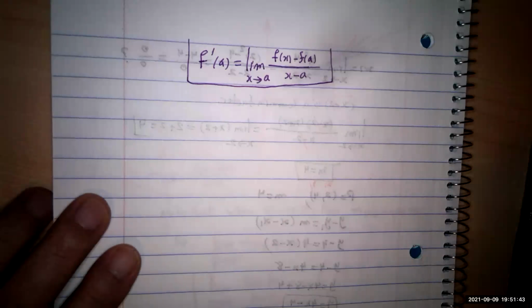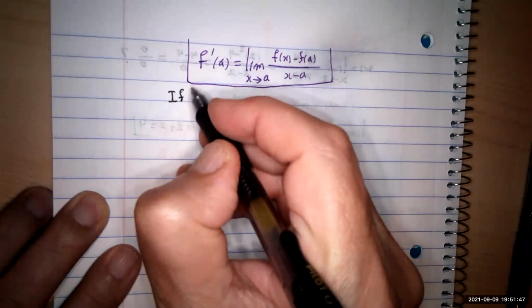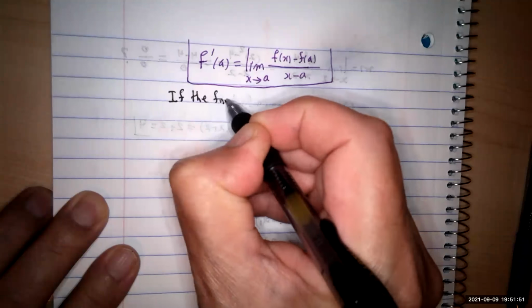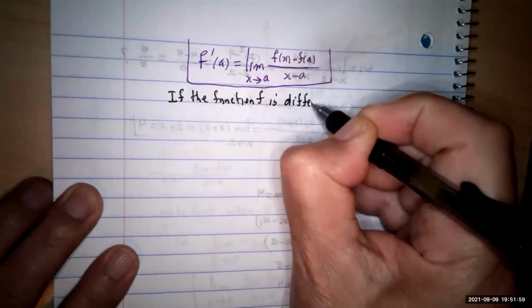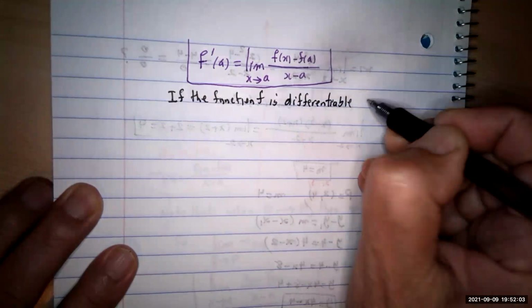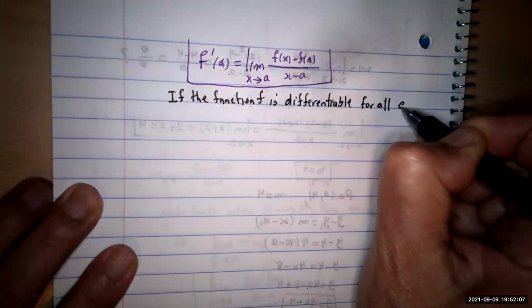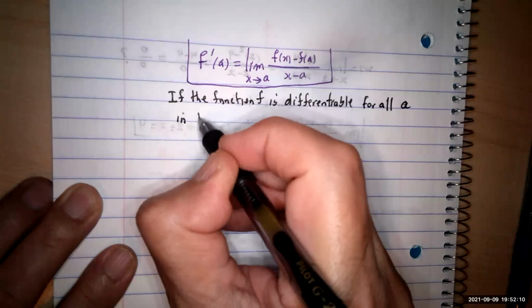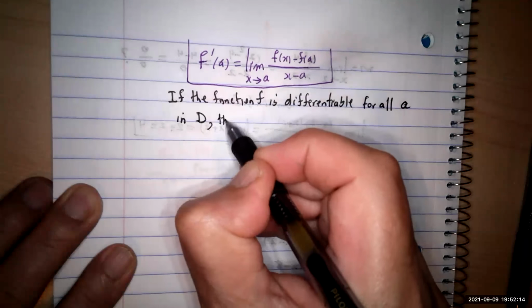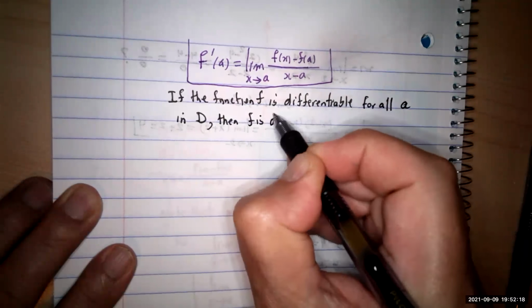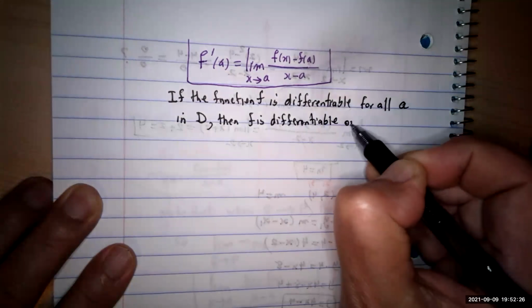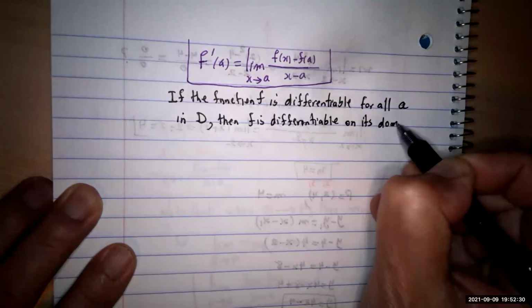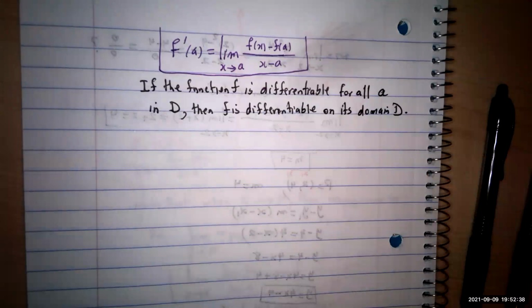So lastly, if the function f is differentiable for all numbers a in D, the domain of the function, then we say that f is differentiable on its domain D. That's the situation that we're going to have for these types of functions.